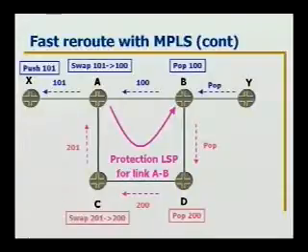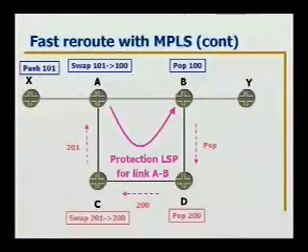A is advertising label 101 and installing forwarding state of swap 101 to 100. And finally, X is going to install forwarding state of push 101. Similarly, we're going to have label distribution on the pink LSP, the protection LSP below, and I'm going to use labels in the range of 200 there just for the example.